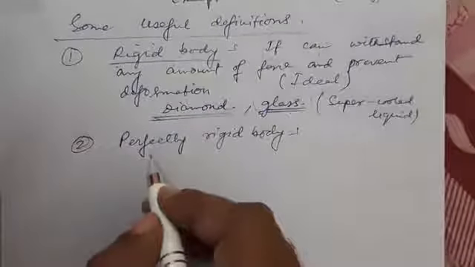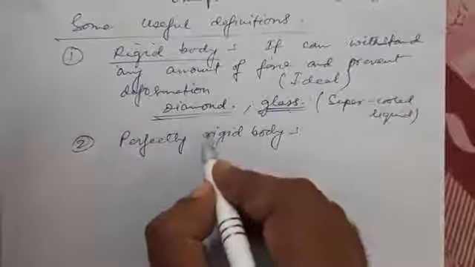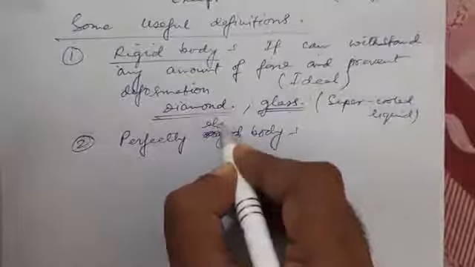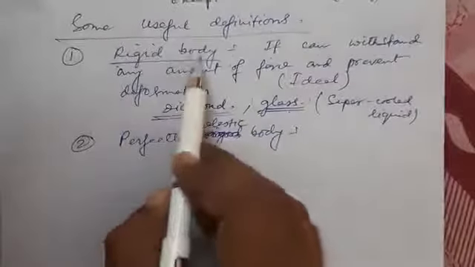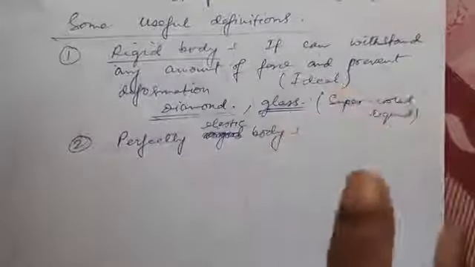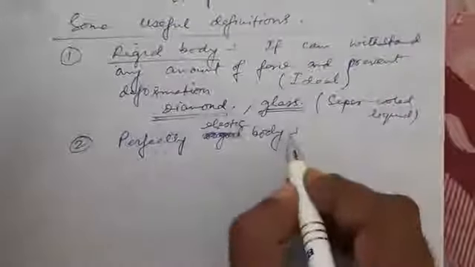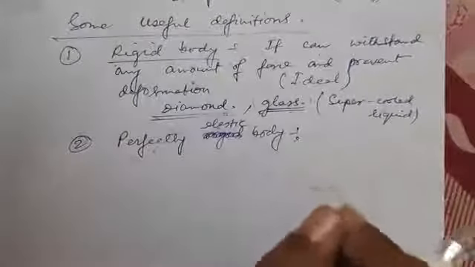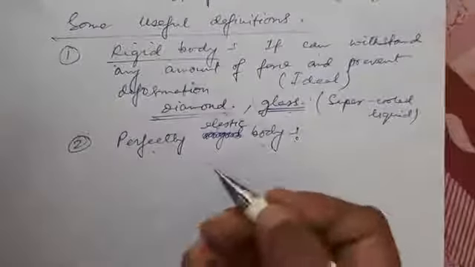The second type of material is the perfectly elastic body. The first one is a rigid body, which can withstand any amount of force, but this is a perfectly elastic body. You have to understand the concept of a perfectly elastic body very carefully. What do we understand by the word perfectly elastic?